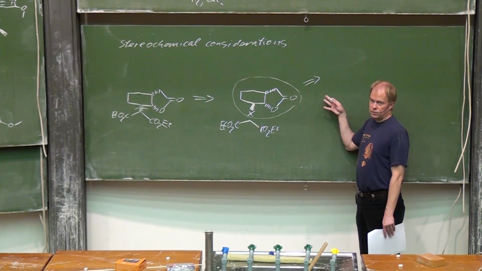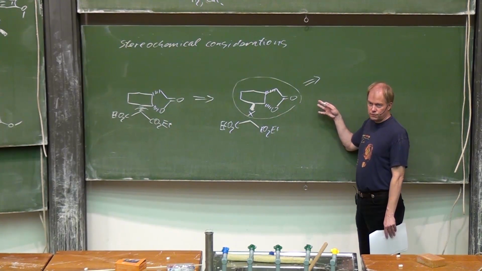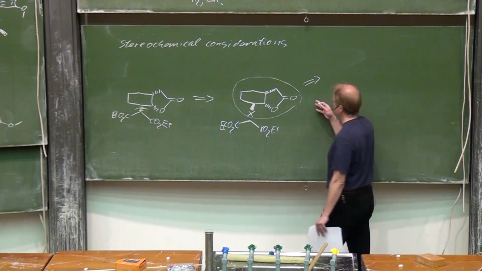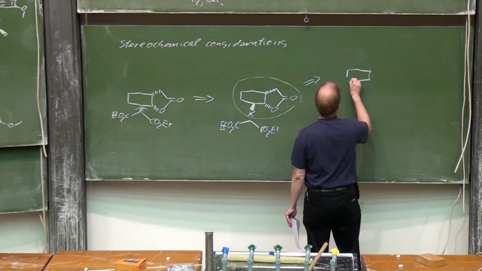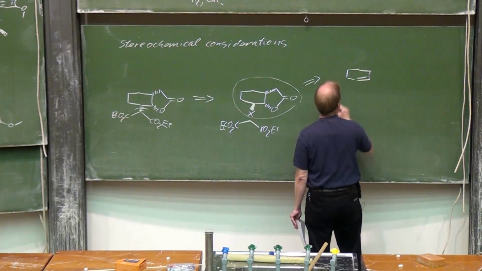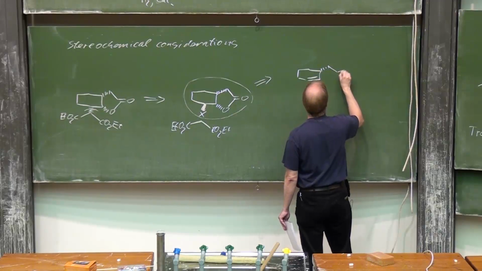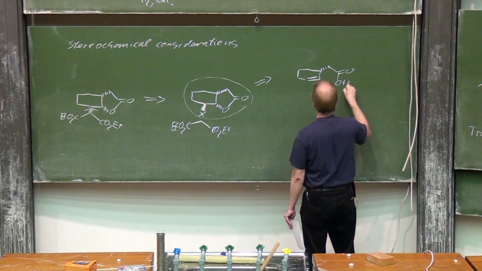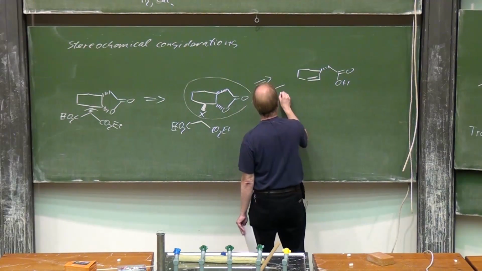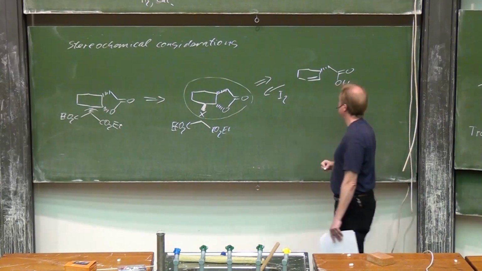So everyone who knows that reaction, which is called the iodolactonization, now has an advantage, because you then can simply write down a simpler structure, this one.